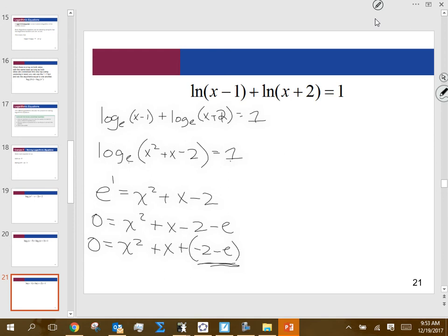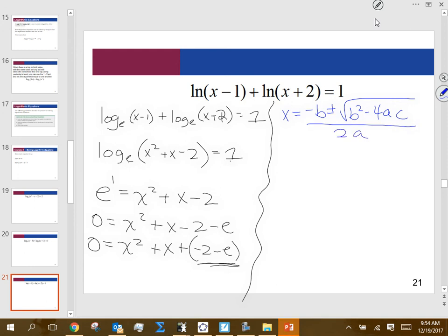So factoring there kind of stinks. But what is the one process that will always work? Quadratic formula. So we've got x is equal to the opposite of b plus or minus the square root of b squared minus 4ac, all over 2a. We're going to plug in our information. This is obviously a, that's b, and that thing right there is your c.